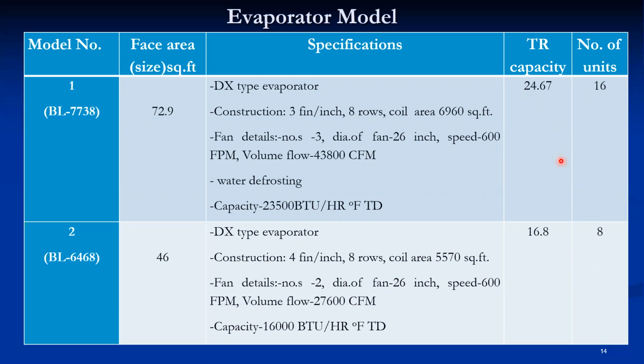So the 16 TR model can be used for pre-cooling. Only these four chambers use this model, and in the middle two chambers, I think the same unit can be used.